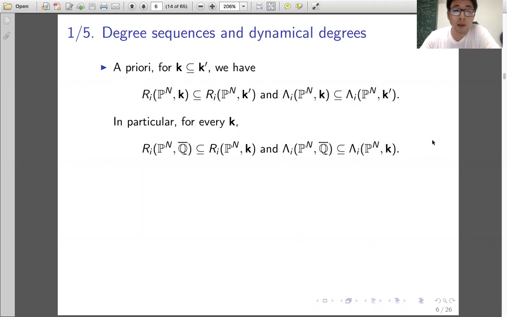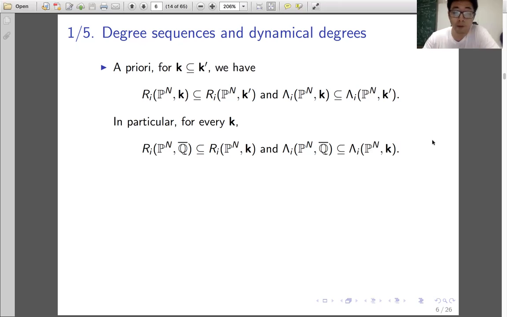A priori, if we have a field extension k in k prime, then R_i(P^n, k) is contained in R_i(P^n, k prime), and lambda_i(P^n, k) is contained in lambda_i(P^n, k prime), because over a larger field you have more birational self-maps. In particular, when k equals Q bar, it should be the minimal one.